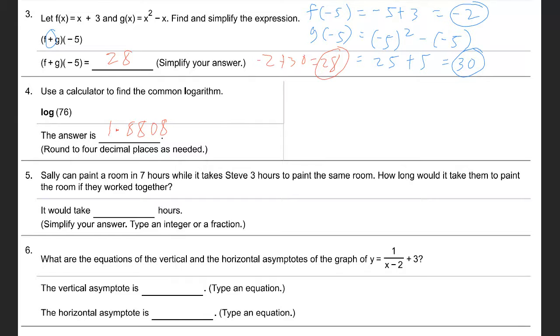Okay, for number 5, it's an application problem. Sally can paint a room in 7 hours, while it takes Steve 3 hours to paint the same room. So this is a working together problem. How long would it take them to paint the room if they work together?